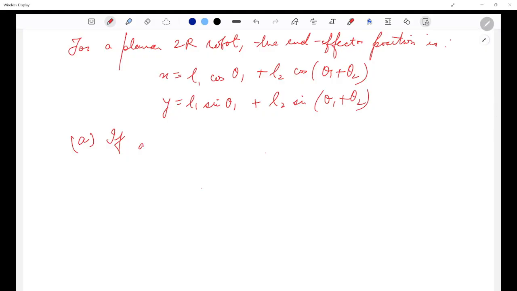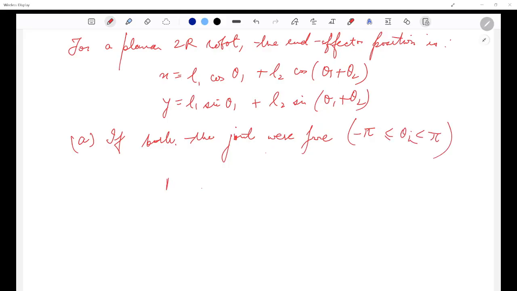If both the joints were free, what does that mean? My theta could have lied in between minus pi to pi. So what would be the maximum reach? It would be L1 plus L2, which is 10.